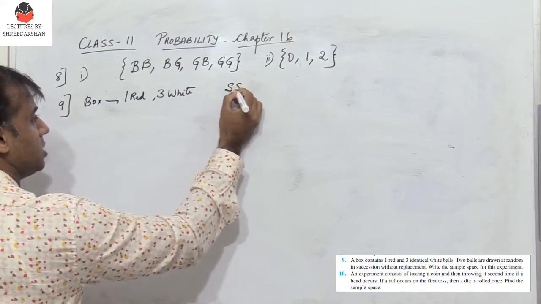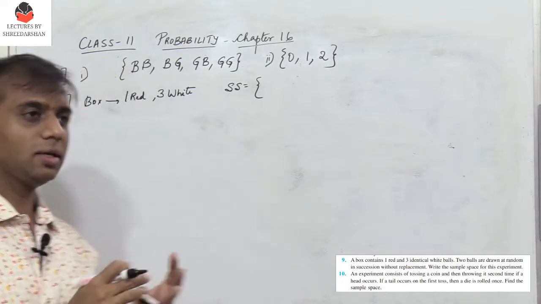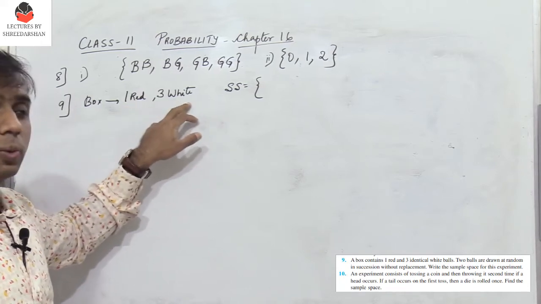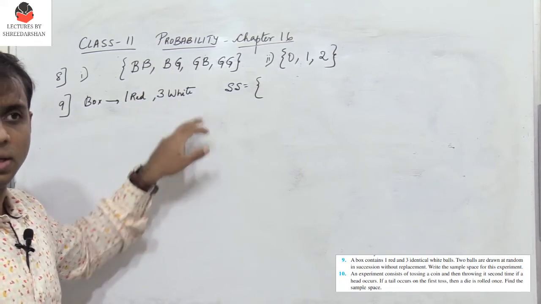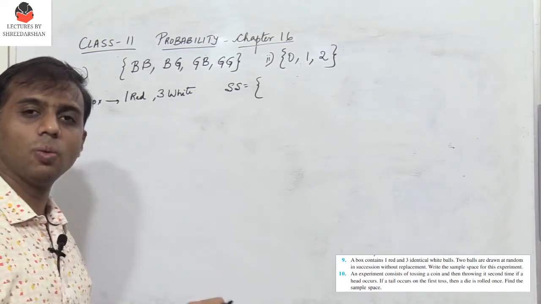So I am actually drawing 2 balls. There is a box and inside this box there are 4 balls. One is red, the other 3 are white, and these 3 are identical. So I draw 1 ball, I keep that ball here and I draw 1 more.